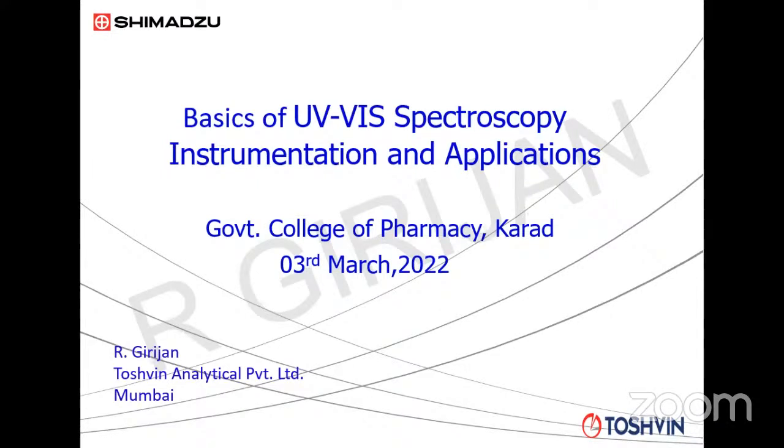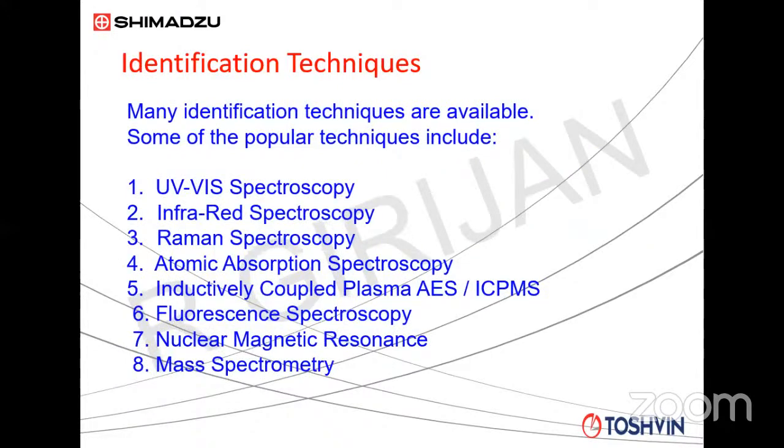I know you had already listened to different spectroscopic techniques during this FDP. I think you had a lecture on FTIR also, 2 days back. When you talk about a spectroscopy technique, they're collectively called identification techniques.